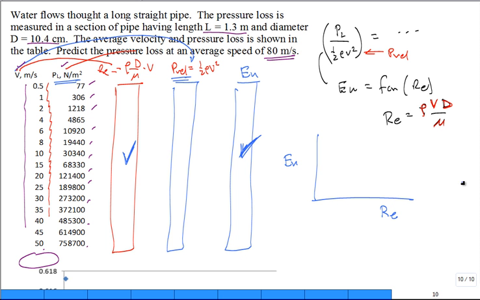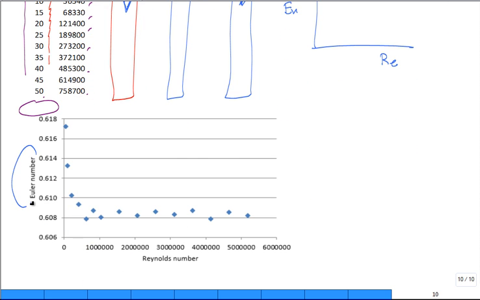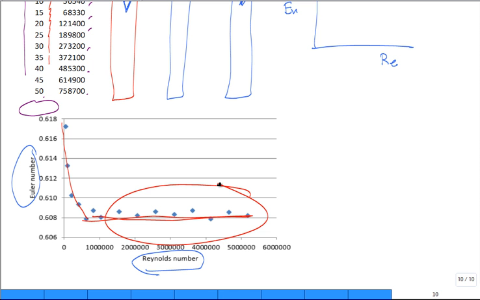And this is how it plots. The Euler number as a function of the Reynolds number. For that exact data, it's very steep in this region and very flat in that region. So what do we say about this region? Reynolds number independent.